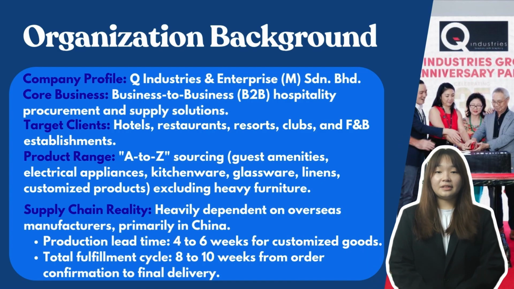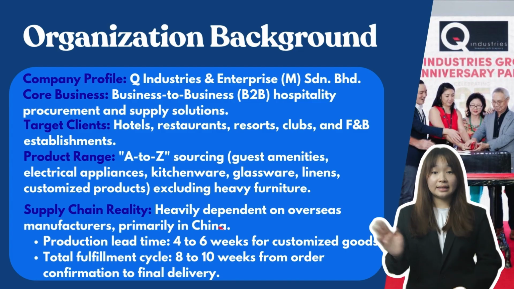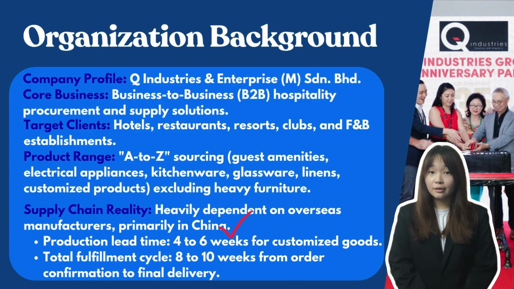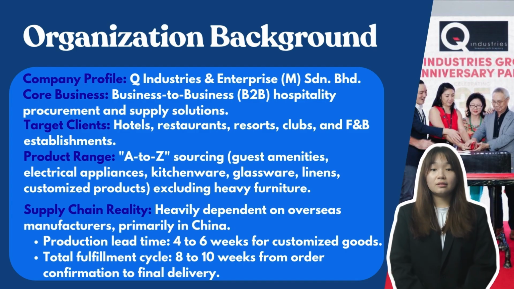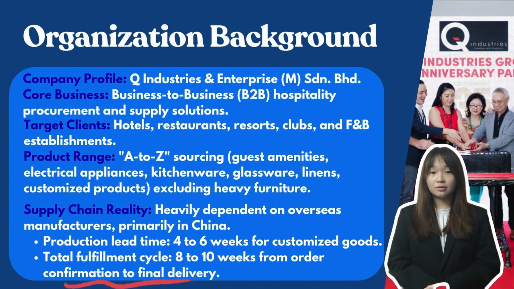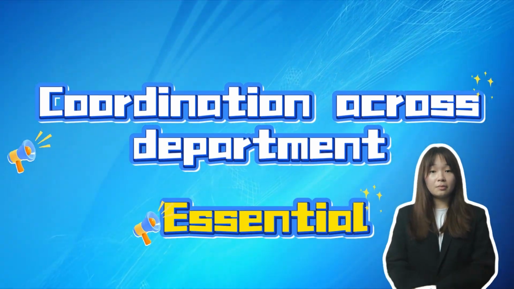A key aspect of its operation is its reliance on a foreign manufacturer, mainly in China. Customized products require a production lead time of 4 to 6 weeks, resulting in a total fulfillment cycle of 8 to 10 weeks, from order confirmation to delivery. Therefore, effective coordination across departments is essential to ensure smooth operation and timely fulfillment.